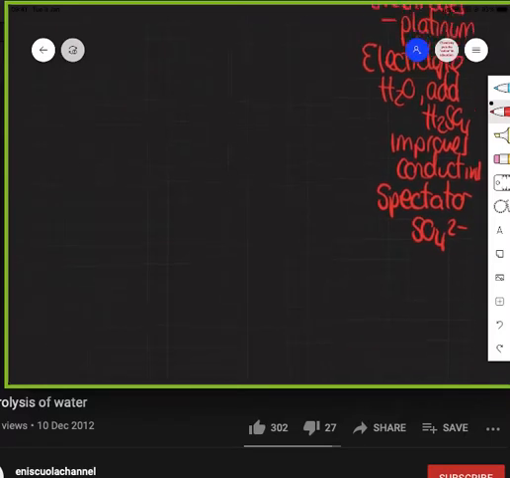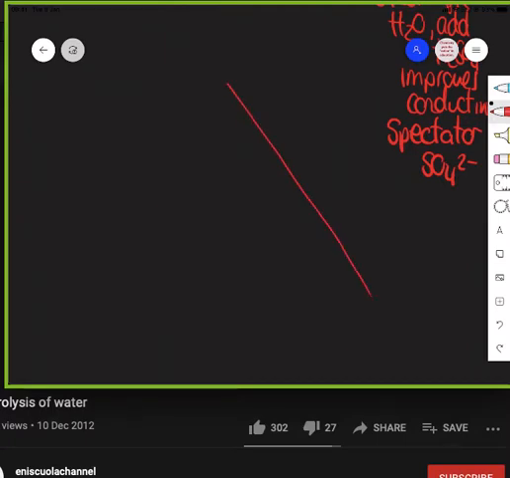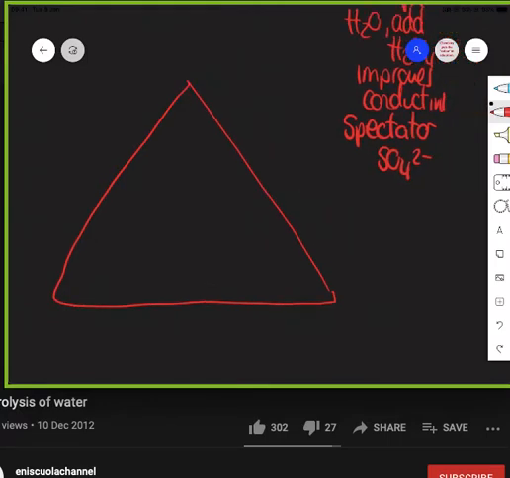Okay, so I'll go as far as here. We're going to draw our triangle again, and our little diagram in here. You're drawing essentially two burettes that are upside down, but these are linked together.